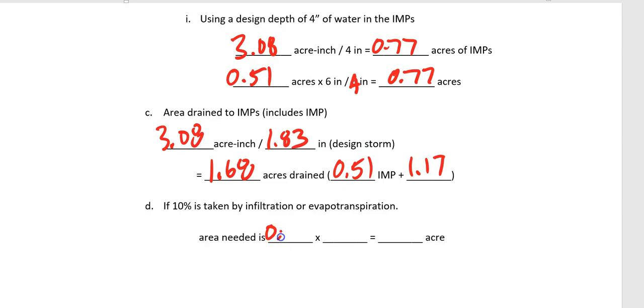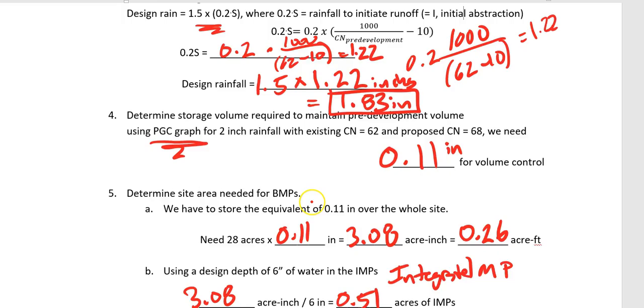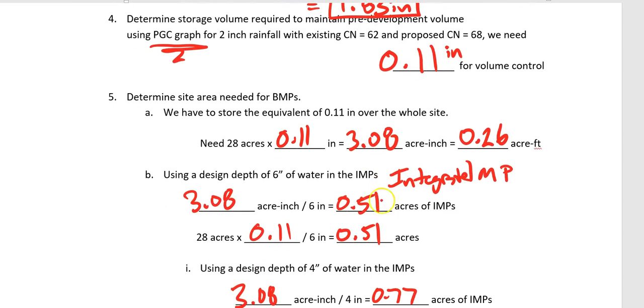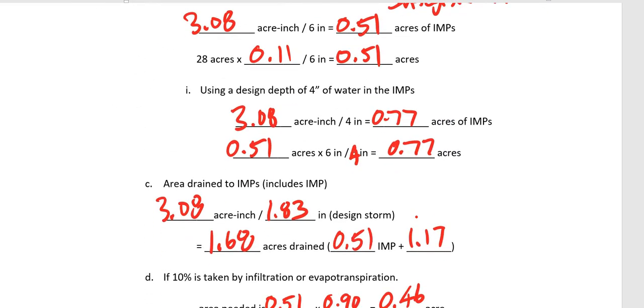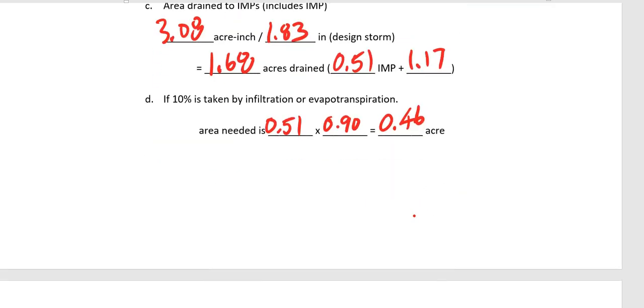So if we can justify that, we can say of our 0.51 acres, if we're going to lose 10% of that, we only have to capture 90%, and so we can use an IMP that's 90% of the 0.51 acres, or 0.46 acres. So that's just some sizing of this. If you think through this, it'll make sense just doing the volume balances on where the water is going, to make sure you collect enough.